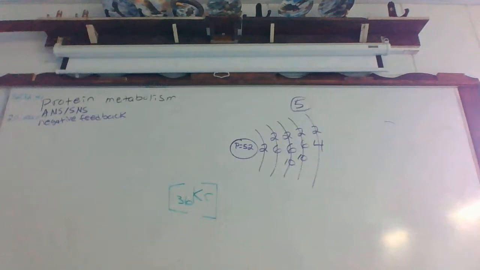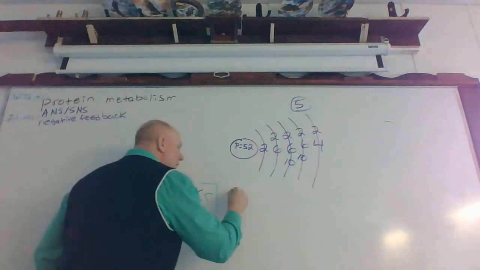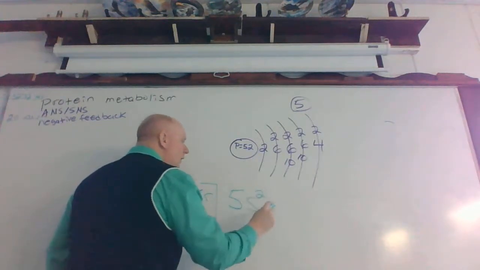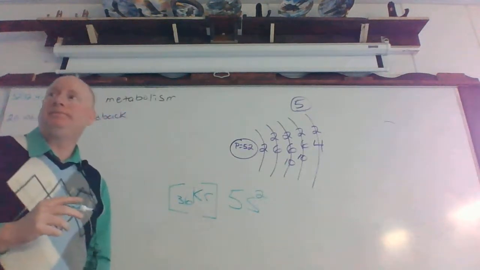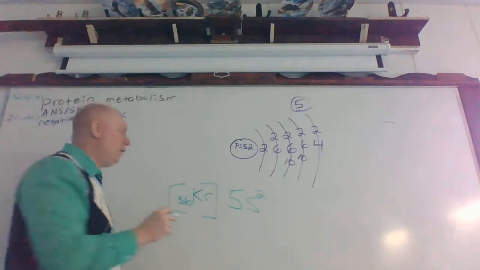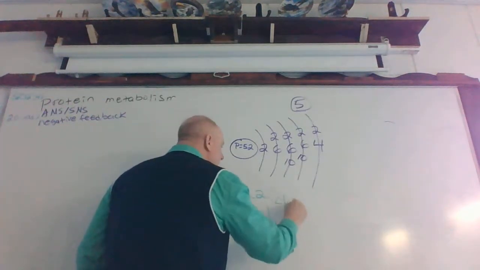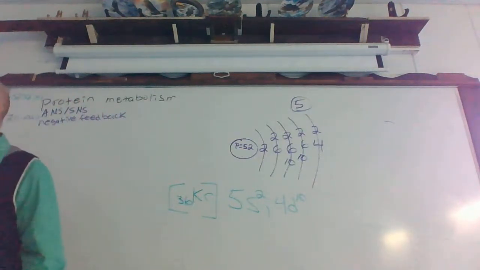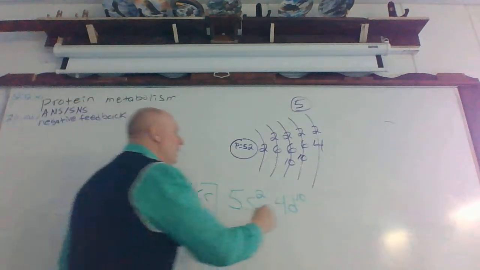Numerically speaking, what comes after 4? 5. And what block would that be according to your slide rule? 5s2. What comes after 5s2? 4d10. And then what comes after 4d10? 5p4.